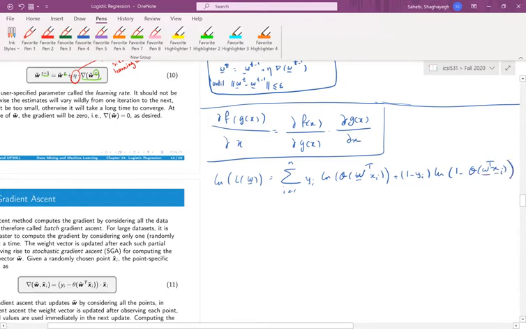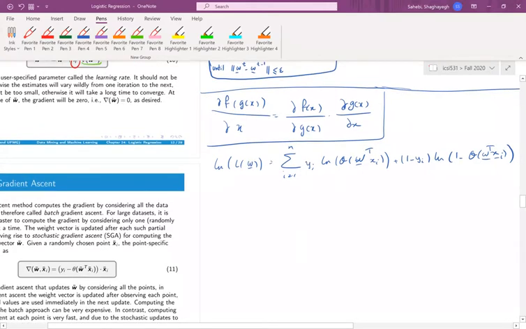Okay, so first let's see what's the derivative of this term with respect to W.